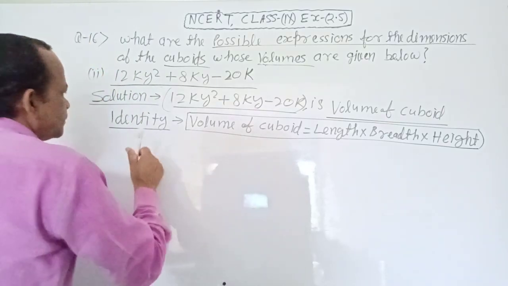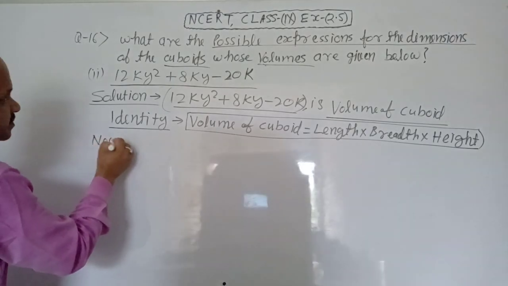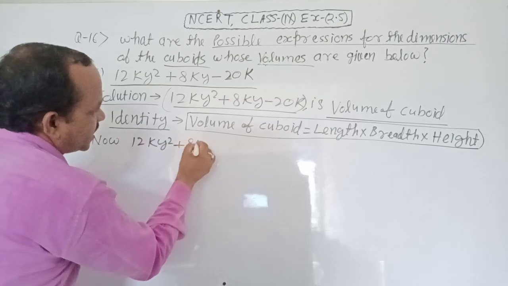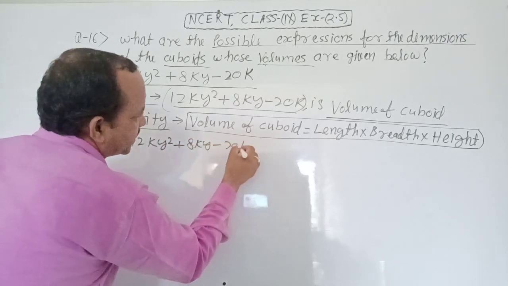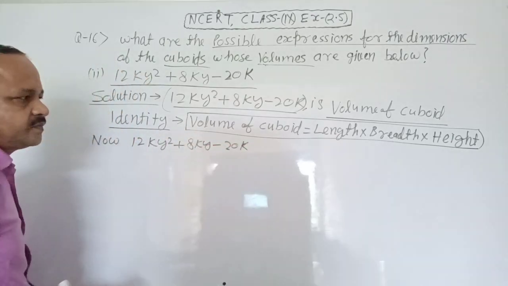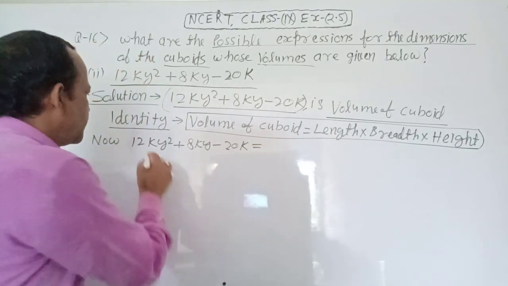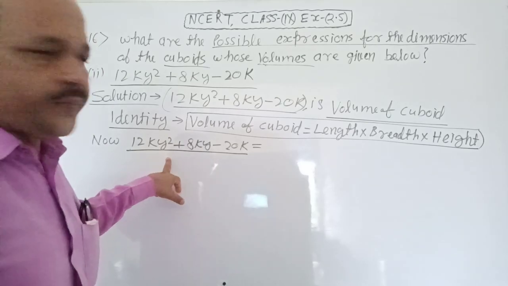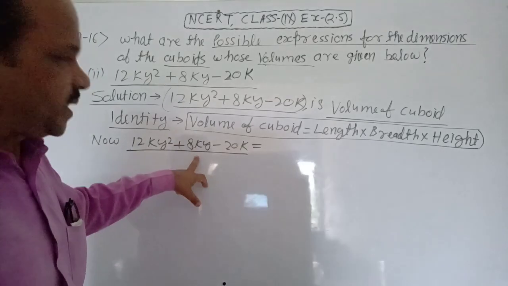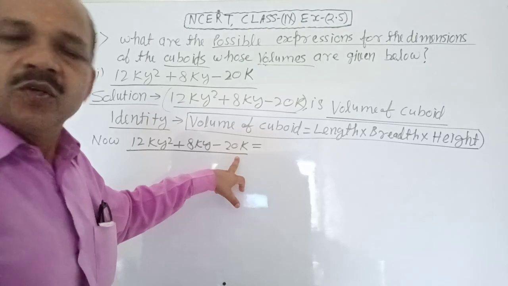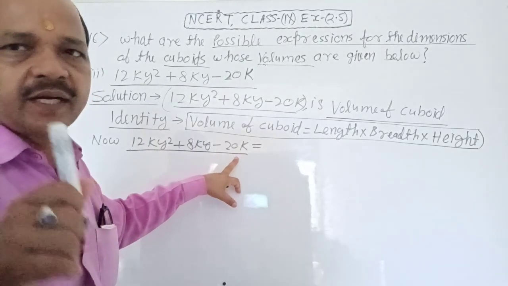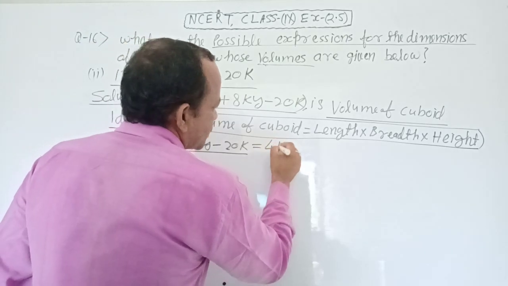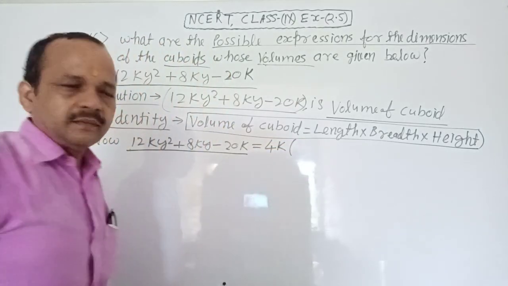Very good. Now, 12ky square plus 8ky minus 20k equals: here 12ky square, here 8ky and here 20k. So you can take 4k common in all. Clear? Take 4k common in all.